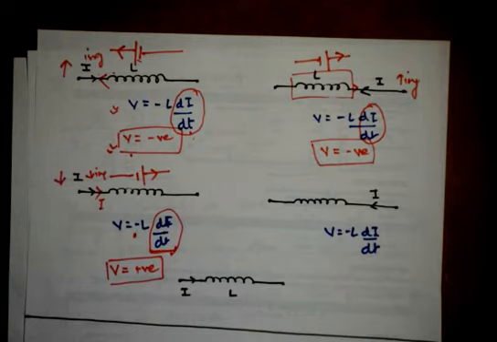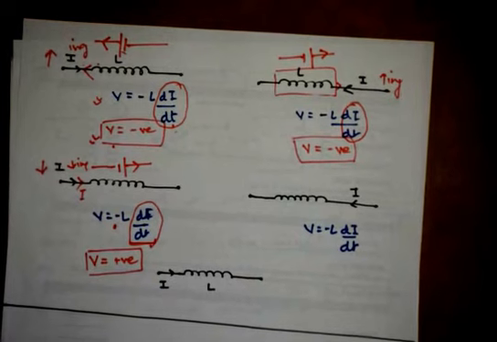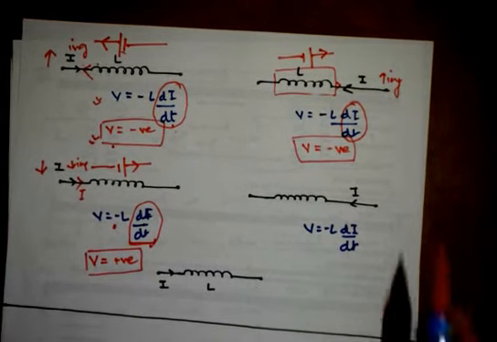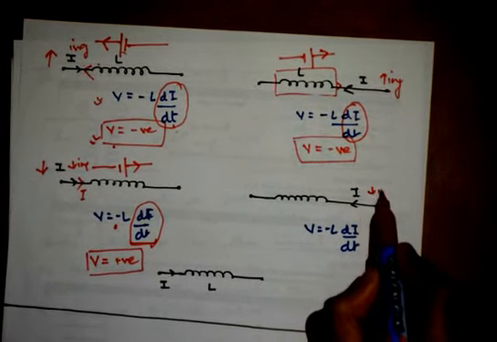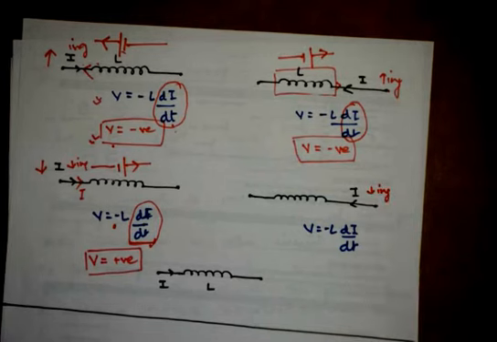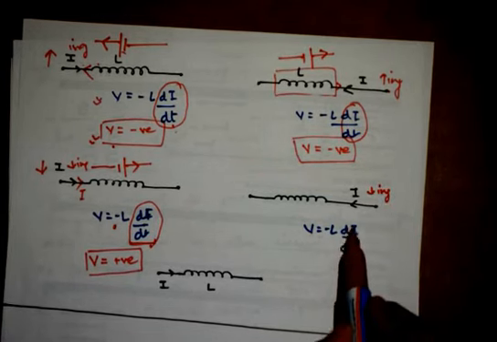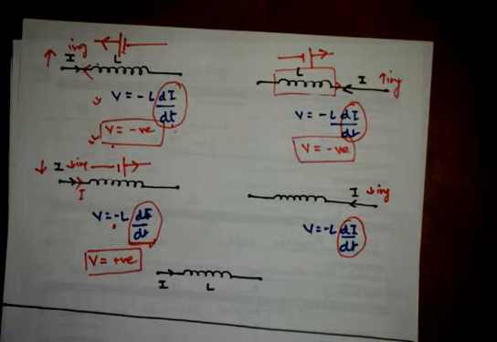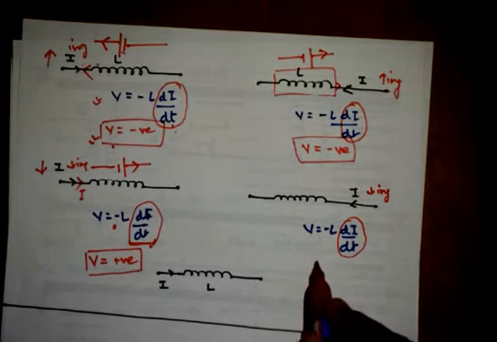Alright, and let's look at the last case. This is the current, and suppose this current is again a decreasing current. Now here also this factor is going to become negative, then negative and negative will become positive.